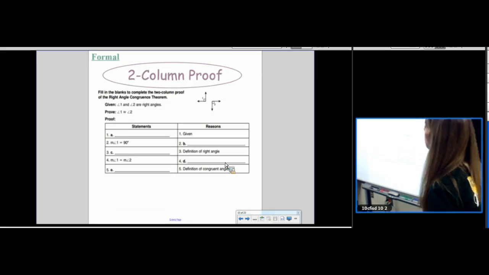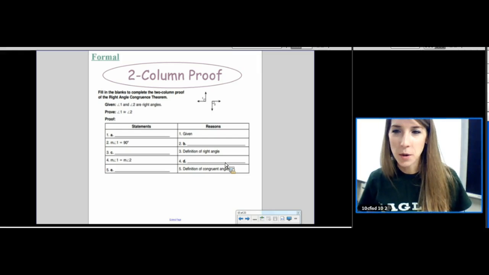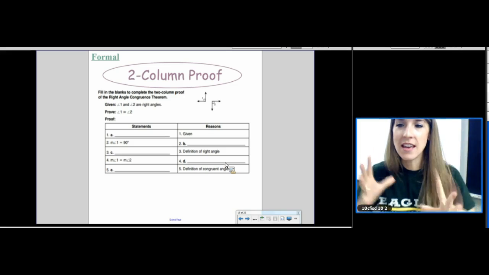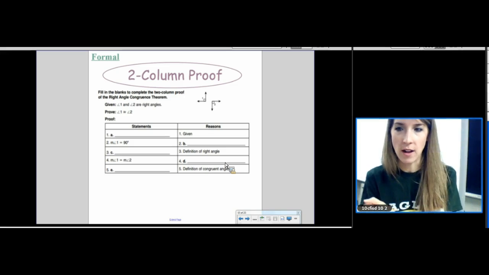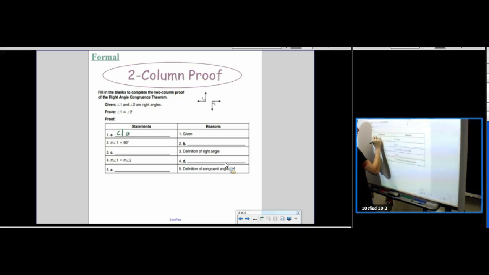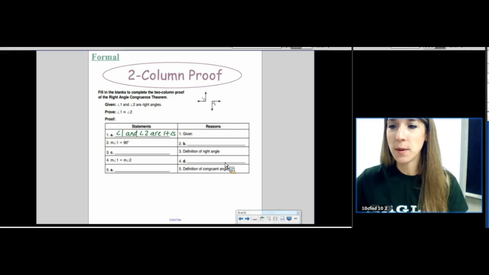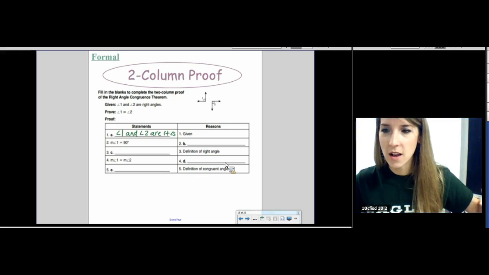So, in a two-column proof, it's pretty easy when it's fill-in-the-blank. You always start with the given. Look, the given is angle 1 and angle 2 are right angles. So guess what goes in the blank here? Angle 1 and angle 2 are right angles. All I did was rewrite the given. What's the reason? Oh, that's easy, given. Okay, next.